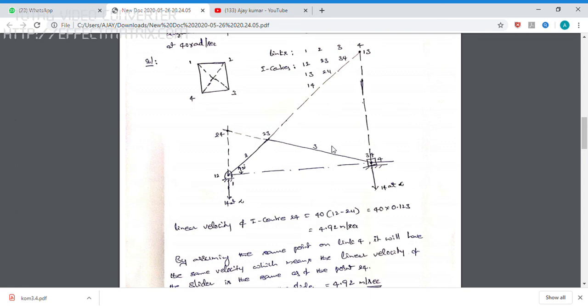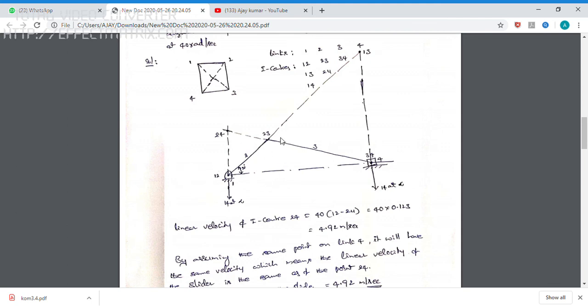If you do not follow the dimensions, we will not get accurate values, or we are unable to find the velocities. Whatever the angle of the second link, I have taken 30 degrees here. Whatever the link length, 200, you have to consider 200. Here 800 you have to consider. Like that only you have to construct this diagram, my dear students.